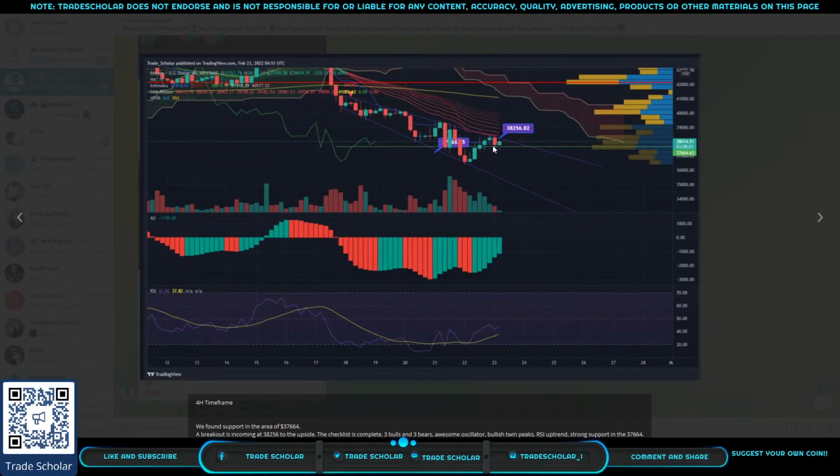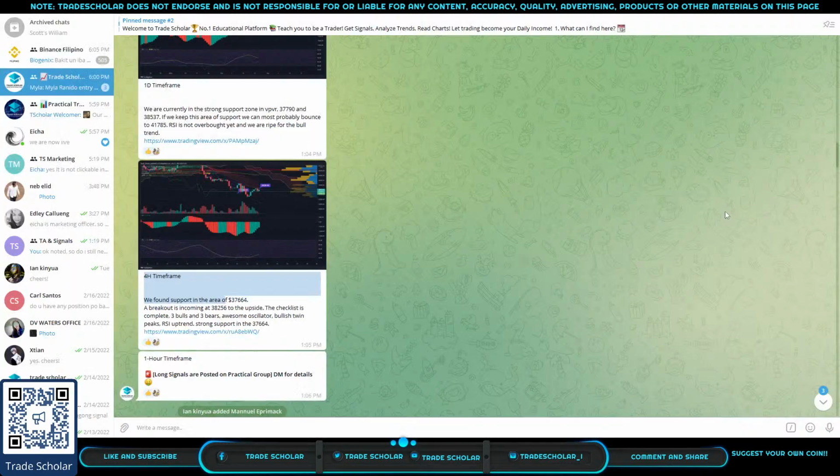I noticed there is a support here because price did not go to the downside, meaning we have changed trend. This is on the daily or 4-hour time frame. So I said a breakout is incoming at 38,256 to the upside. The checklist is complete.